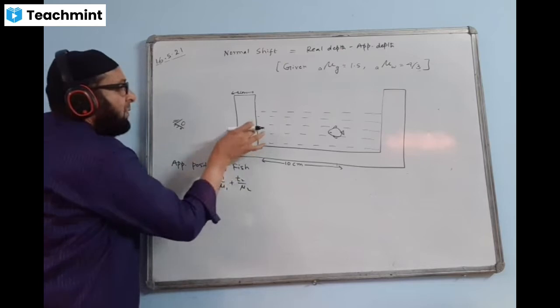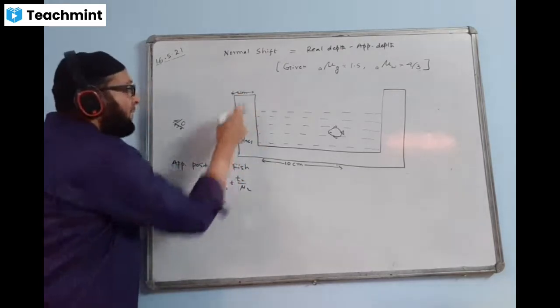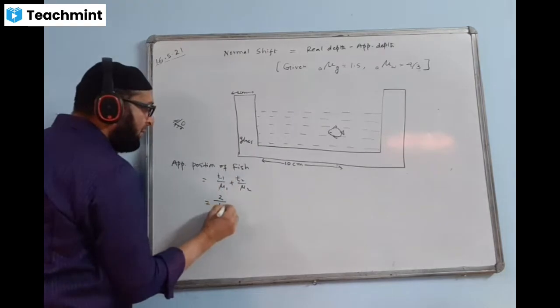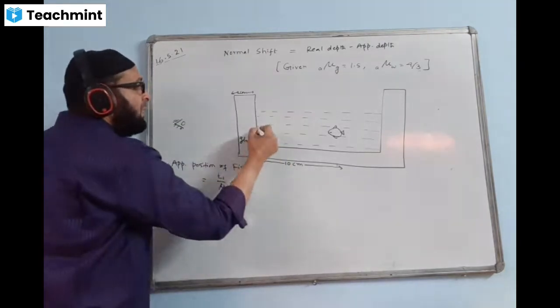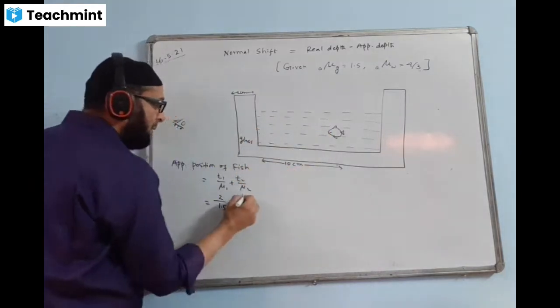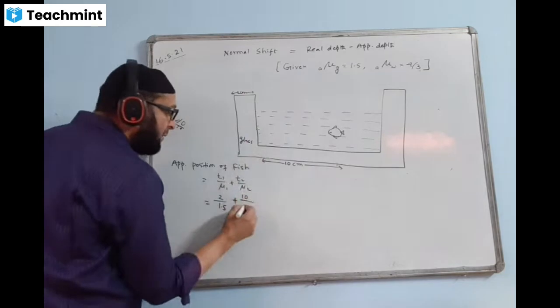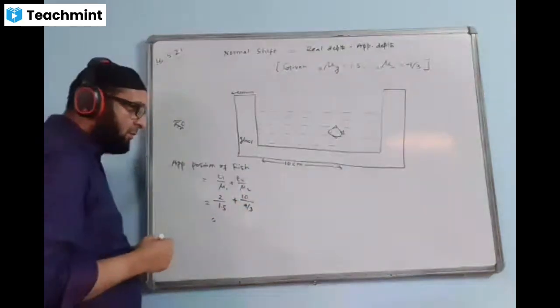What is the actual thickness of this one? 2. So write 2 divided by glass, that is 1.5. The refractive index of glass is given as 1.5. For T2, what is the thickness of water till the fish? 10. And this is water, the refractive index of water is 4/3. Now we will calculate.